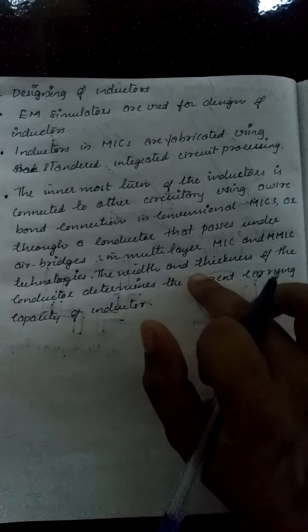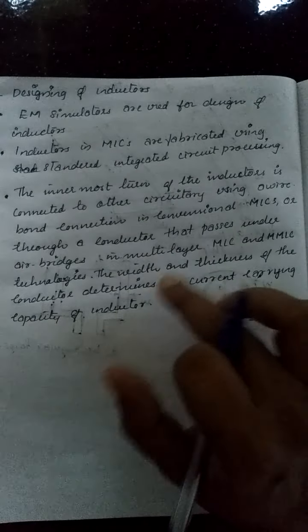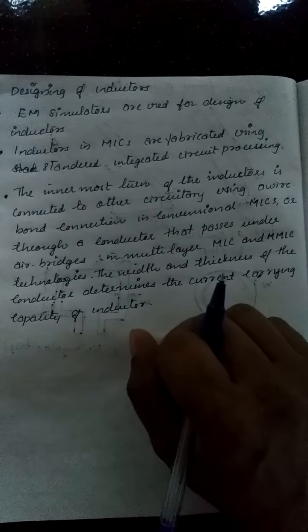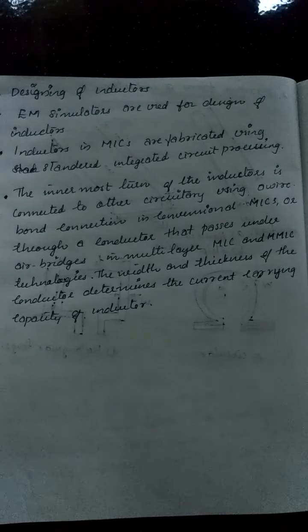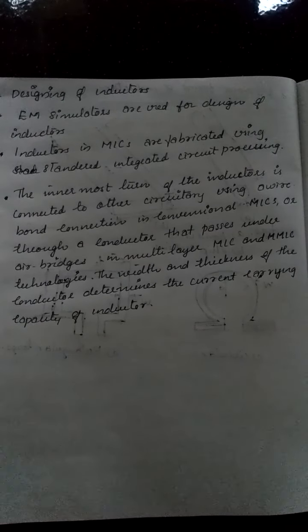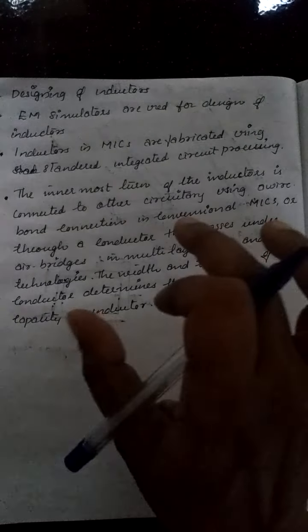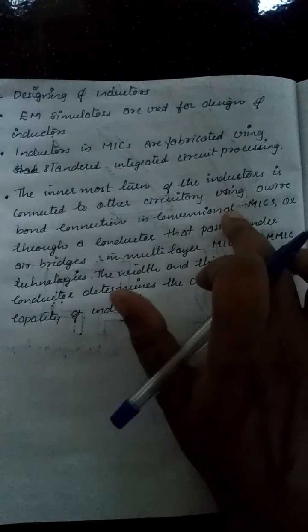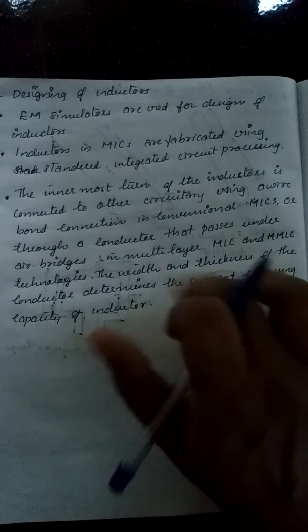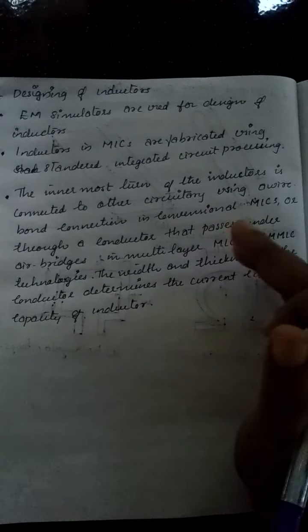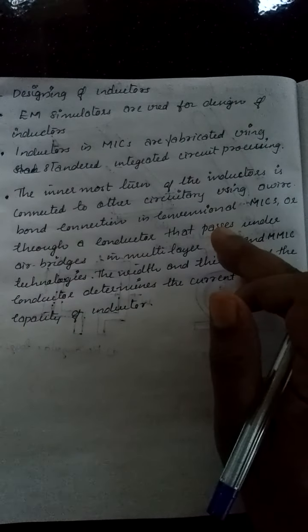The thickness and width of that conductor always determine the current carrying capacity of our inductor. So if you want an inductor with high current carrying capacity, you should use a conductor as a wire bond between the layers in multi-layer MIC and MMIC whose width and thickness are large.